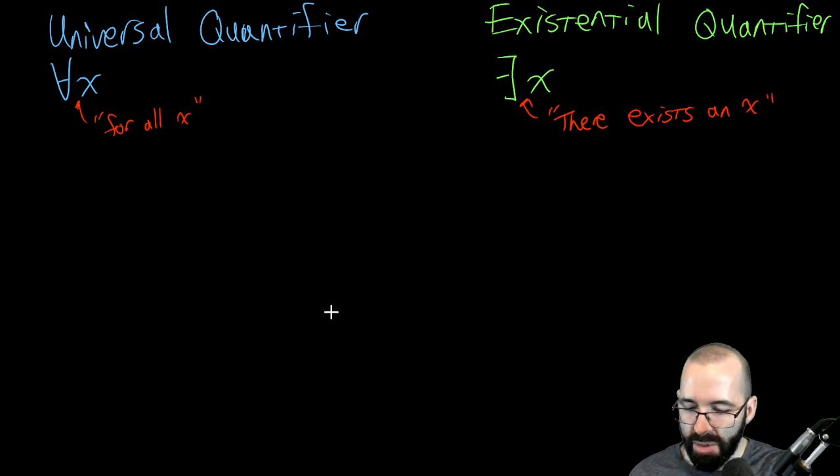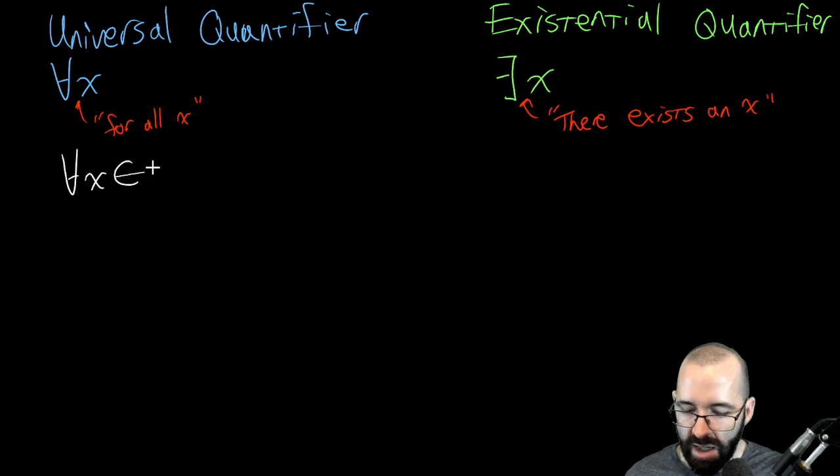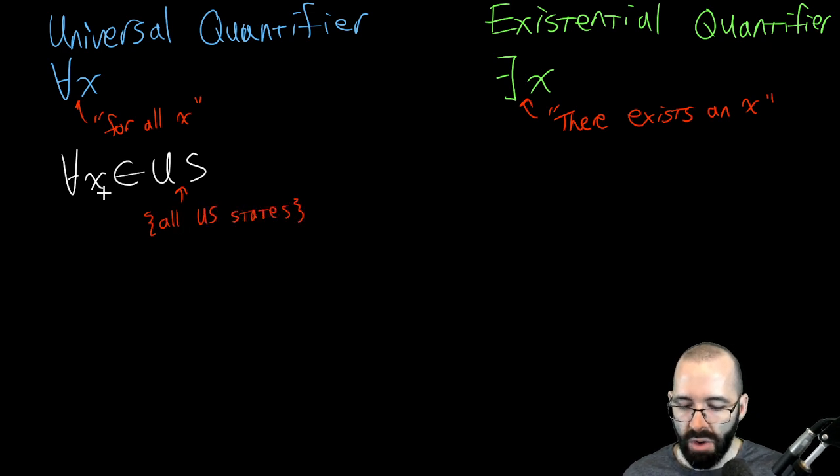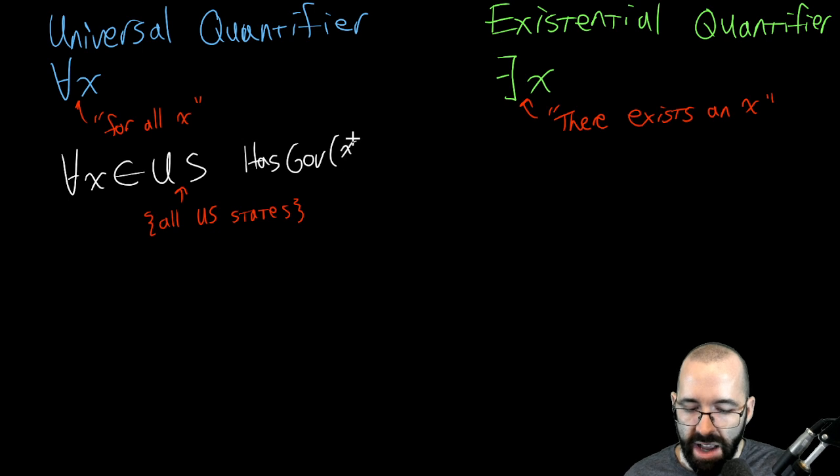Okay, so some examples for this are, for all, again, we're tying into our intro to predicate logic video. For all x in US, and let's say here that US is the set of all US states. So for every US state is what this means. For all things that are US states, we can say, I'm actually not going to write a comma there, hasGov of x.